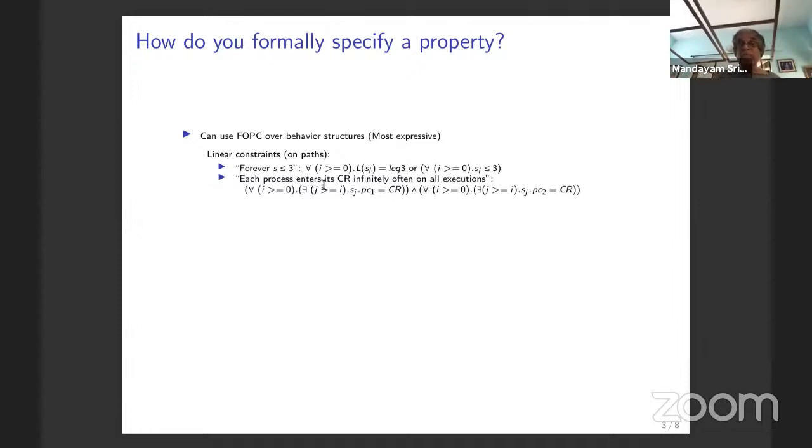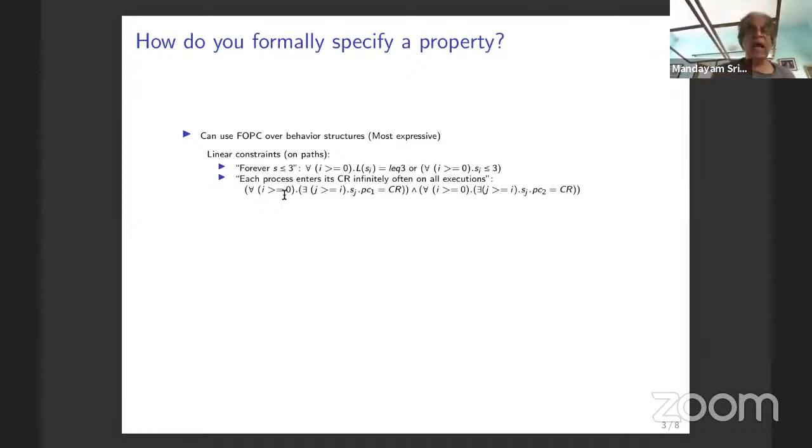Now, as an example, to specify that each process enters its critical section in the mutex example, its critical location CR, infinitely often on all executions, it can be specified this way. To read these first order formulas with quantifiers, I'm introducing them as constraints on the paths that are included in the behavior.